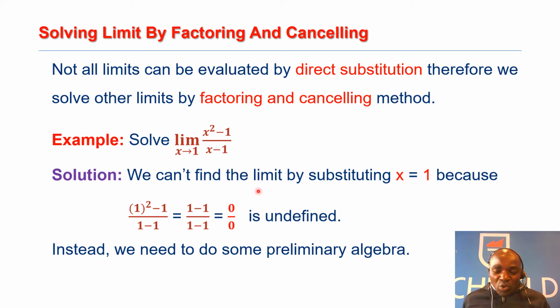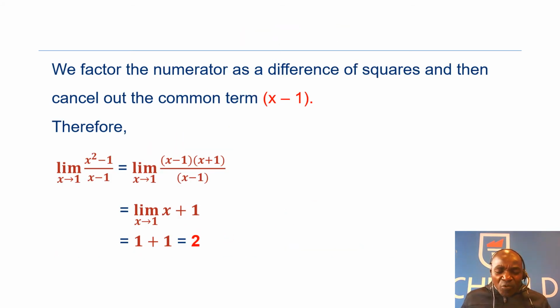If we substitute the value of x as 1, we get (1 squared minus 1) divided by (1 minus 1), which gives 1 minus 1 on the numerator divided by 1 minus 1, which is 0 over 0, which is undefined.